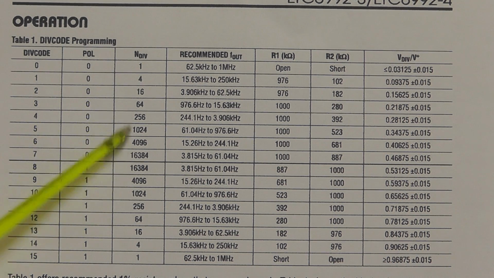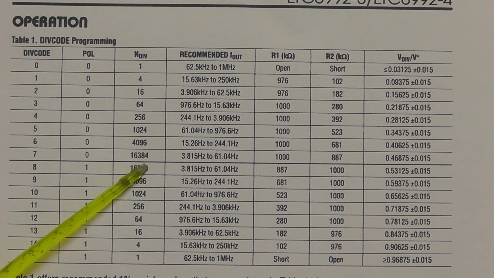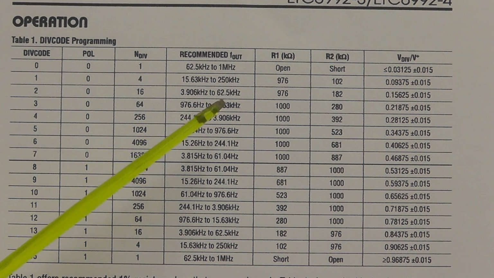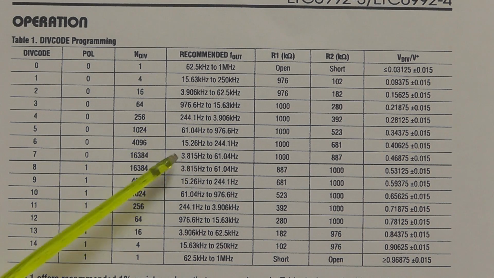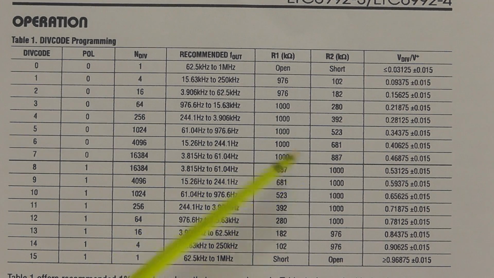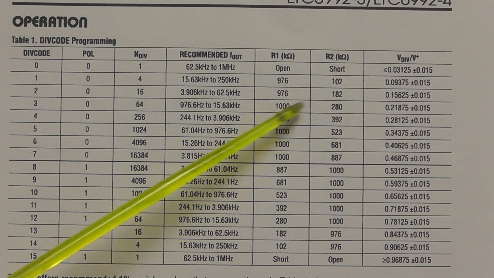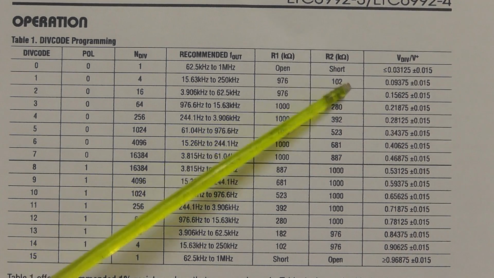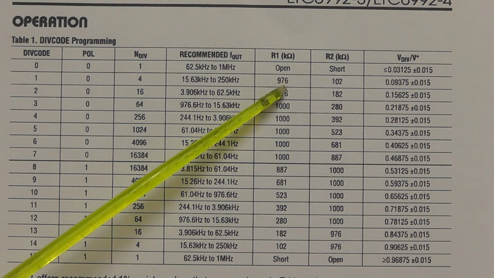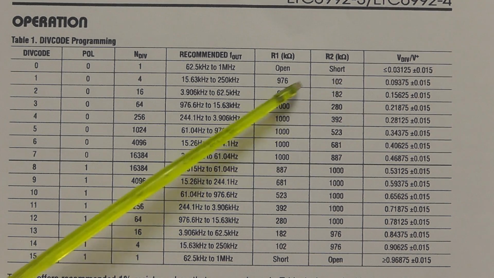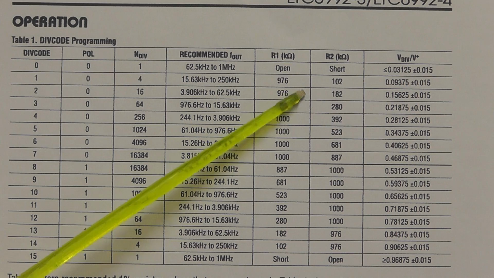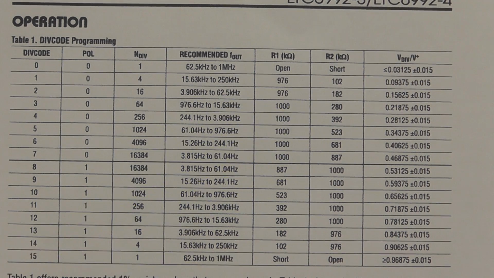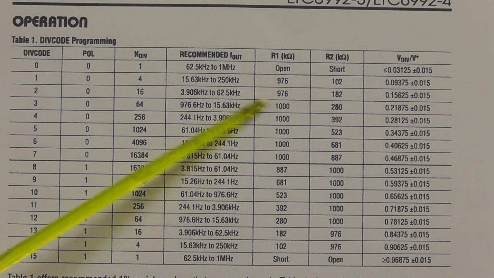So they're the divider options that we have, and they're determined by the voltage that we set on pin 4 of the oscillator IC. What they indicate here is that they've got resistors, R1 and R2, which provide a potential divider across the +5 volt supply in our case, and that will provide you with the required voltage for these ranges. But we're not going to use a straightforward resistor divider as they're showing here.